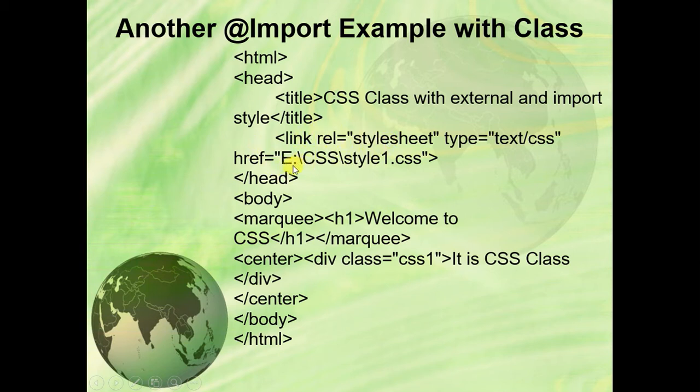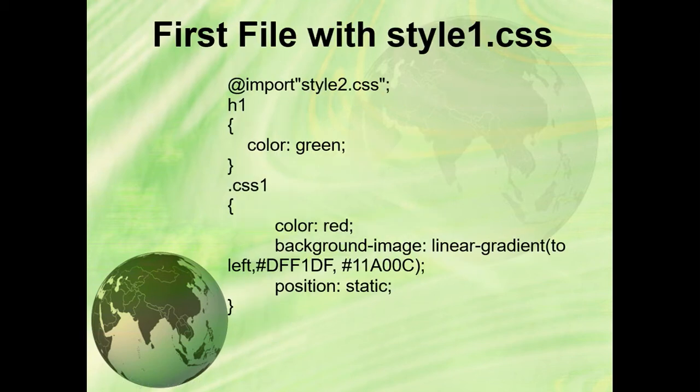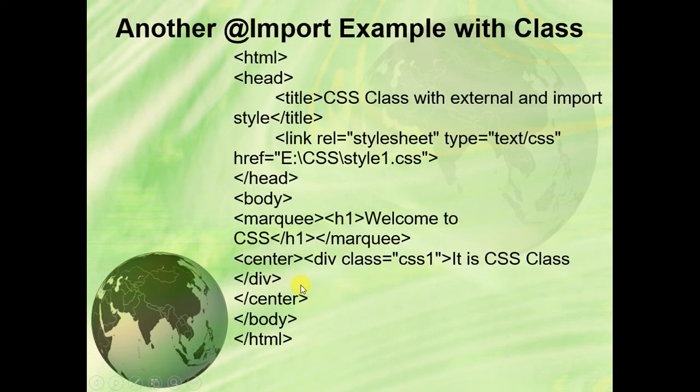Now we don't need to give drive E or folder name, I am just giving the file name, okay, and into what? Add section. File name is what? style1 dot this file name, give, okay.